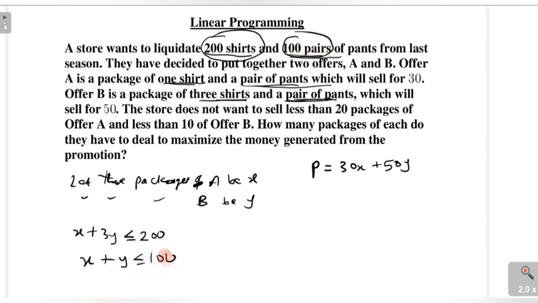That's 100. Then again, we are told that the store does not want to sell less than 20 packages of offer A. So X must be greater than or equal to 20 and less than 10 of offer B. So that means Y must be greater than or equal to 10.